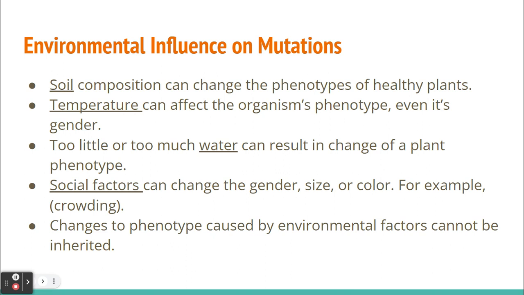Social factors like the change in gender, size, or color, for example, like crowding, can also cause mutations. Changes to phenotype caused by environmental factors cannot be inherited. This is kind of along with the lines of adaptation and changing to the environment.